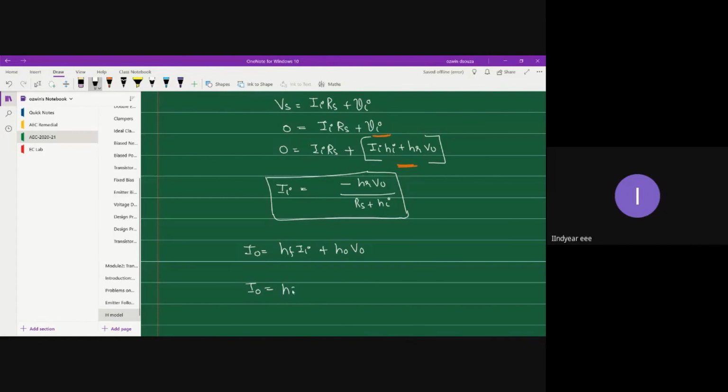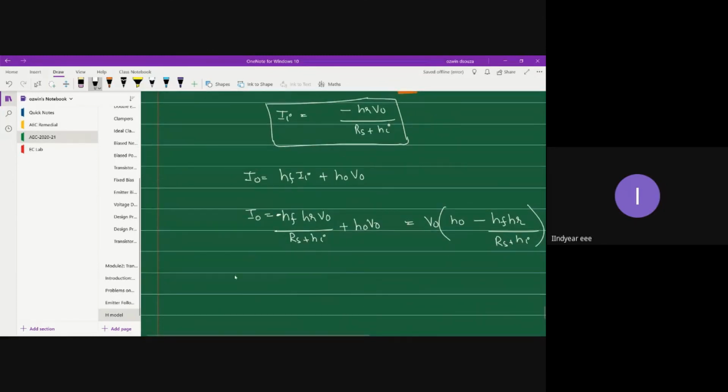So I'll write Hf here, and in place of Ii, I have my above equation. So it is minus Hr V0 divided by Rs plus Hi, plus H0 into V0. Take V0 outside the bracket. So you will have H0 minus Hf into Hr divided by Rs plus Hi.